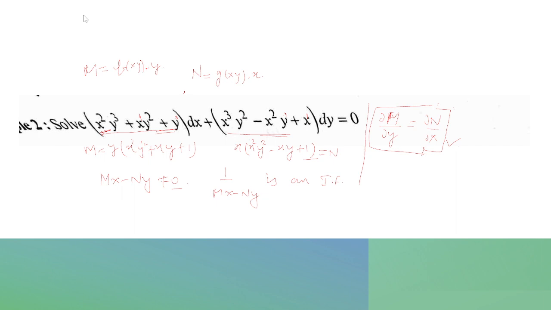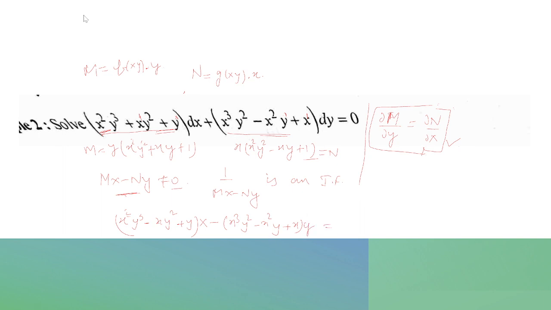Now we check whether Mx minus Ny is equal to 0 or not. Now (x square y cube plus xy square plus y) into x minus (x cube y square minus x square y plus x) into y.